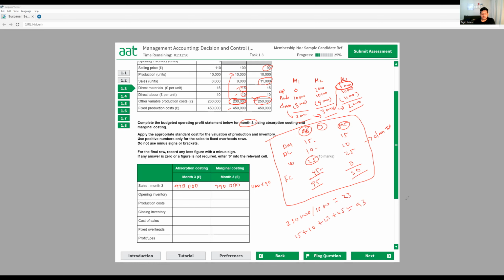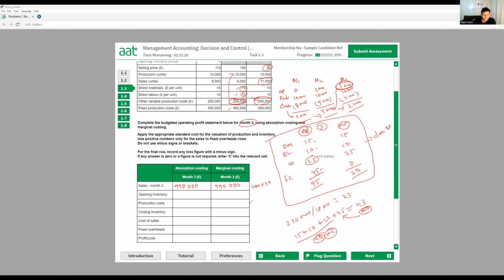Be very careful with that. And if it is marginal costing, this is only 3, so 25 plus 15 plus 10 is 25, and plus 23, that is 48. 48 for marginal costing and 93 for absorption costing, because in absorption costing we need to add the fixed cost as well.